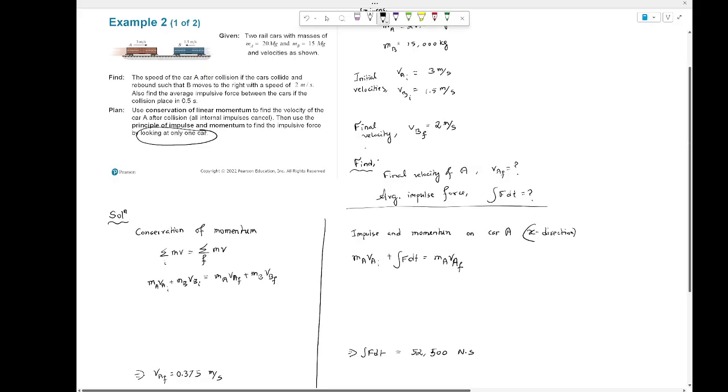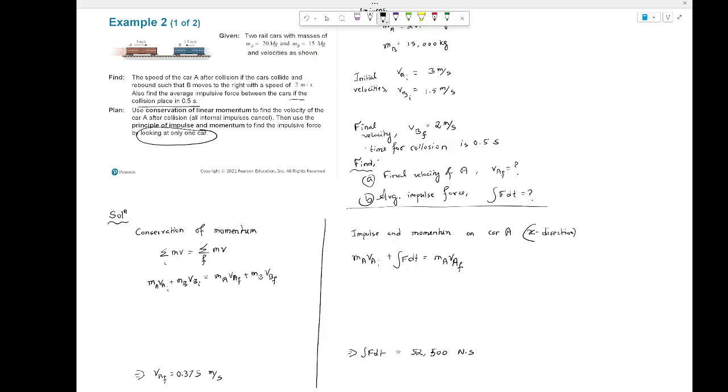So collision time, so the time for collision is 0.5 second.